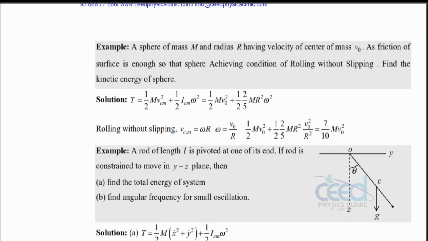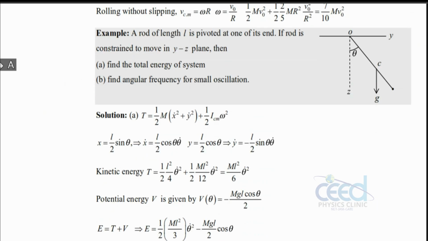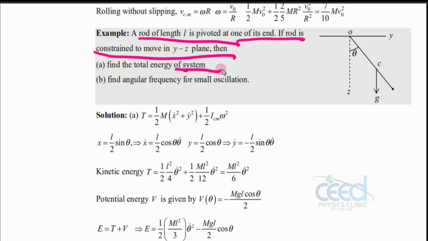Now let us come to another question: suppose a rod of length L pivoted at one of its ends. If the rod is constrained to move in the YZ plane, find the total energy of the system and the angular frequency of the small oscillation.